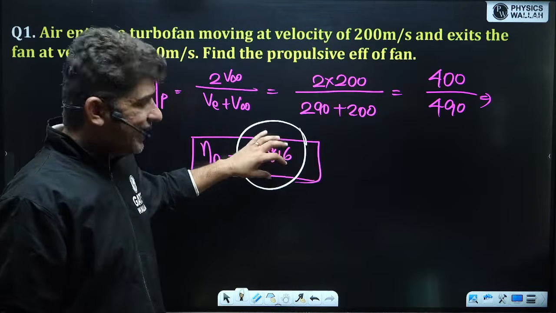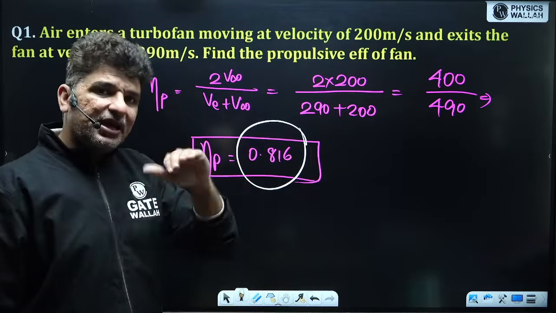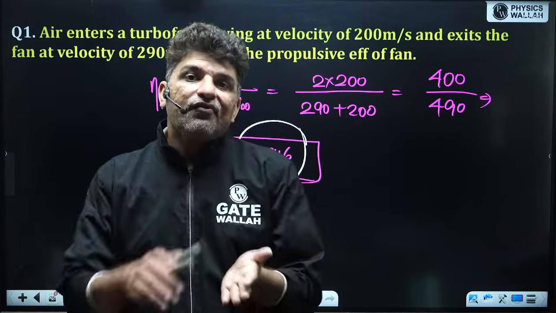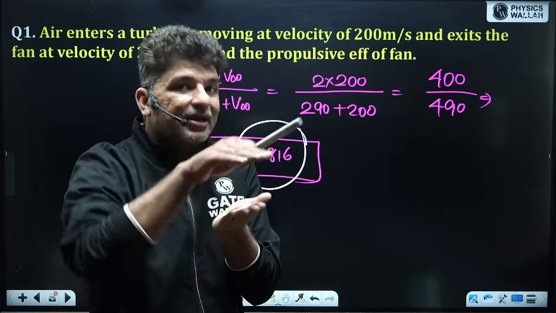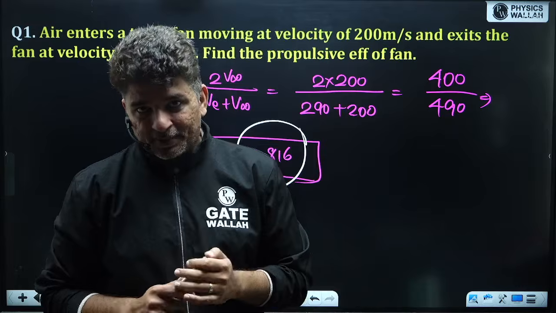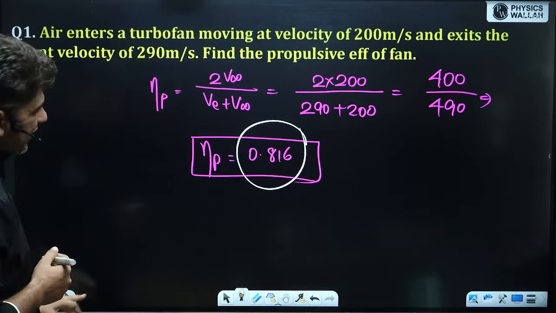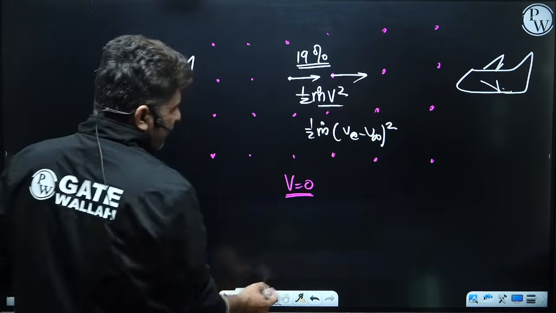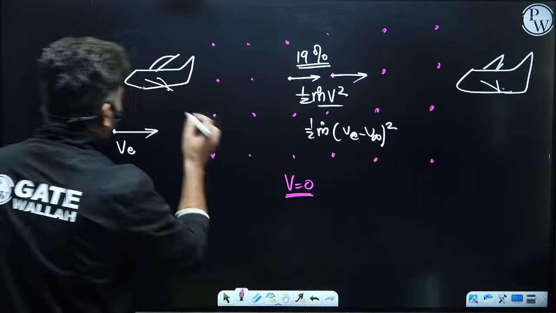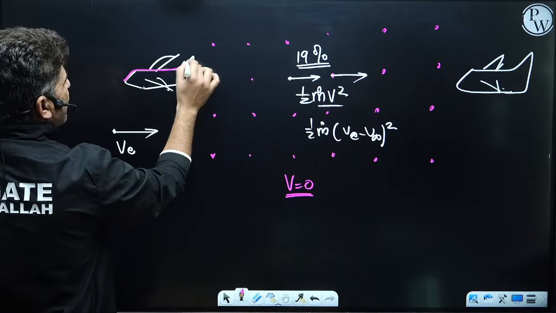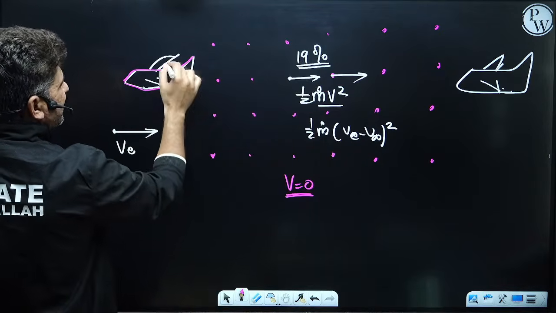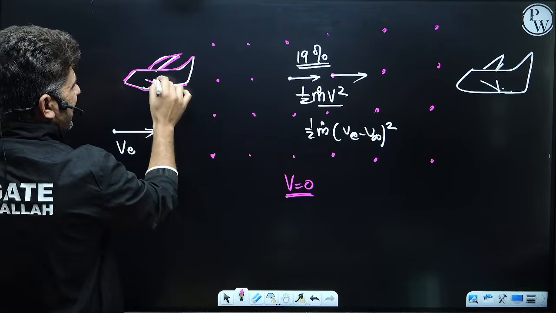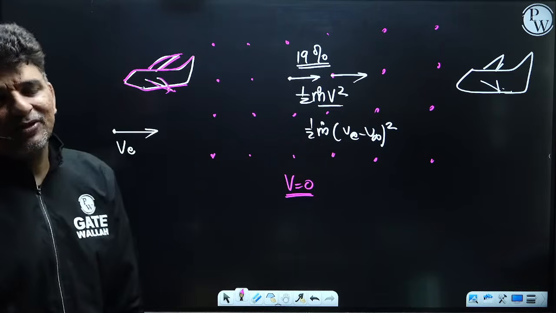The remaining 81% energy would be utilized for propelling the aircraft through air. So when air is passing over this aircraft, there will be different drags. There will be friction drag, and other things like eddy viscosities will be present.